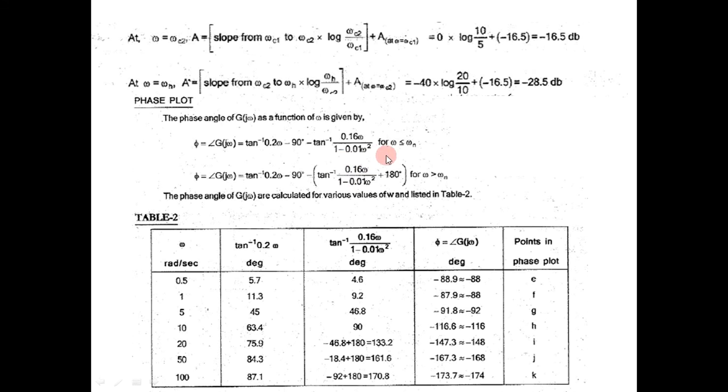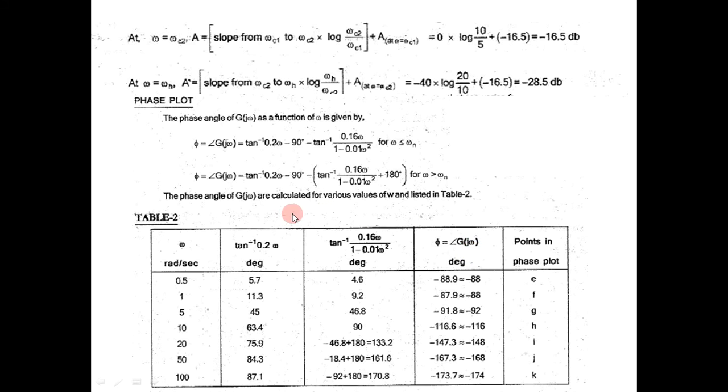So tan will be negative, which lies in the second quadrant. That is the reason we have to do the phase correction of 180 degrees. In the same way, by varying the value of omega, you will get the phase angle phi, that is angle of G of j omega.